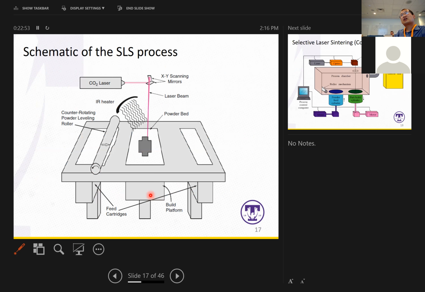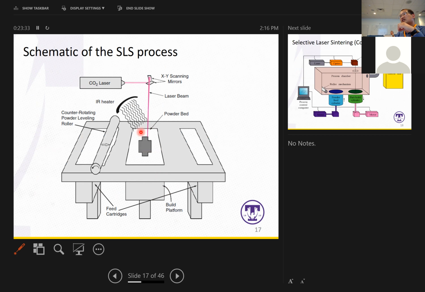So this is an illustration of selective laser sintering systems. Here is the laser to sinter or melt the powder, and there's an IR heater to help this sintering process. But the leveling and the mechanism for moving downwards is quite similar to the binder jetting process, right?